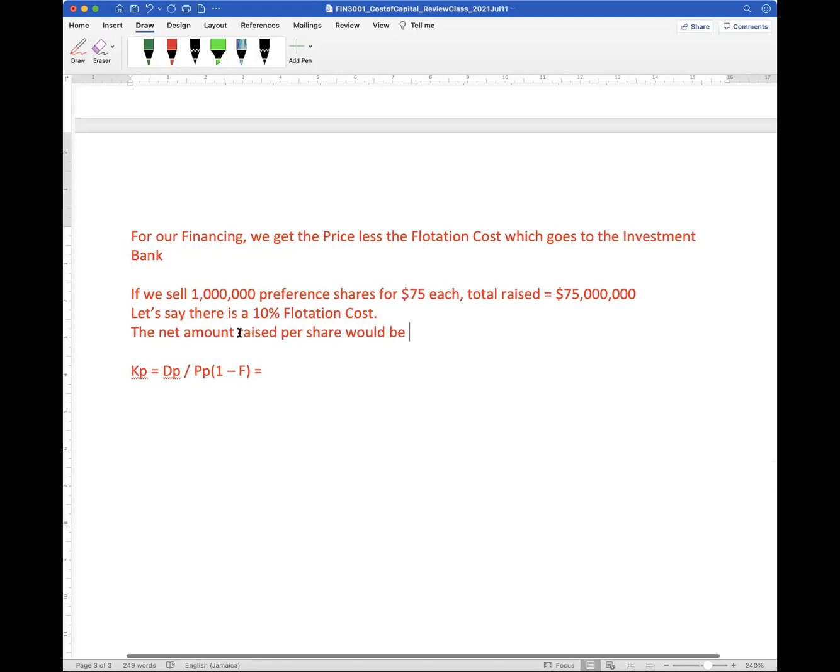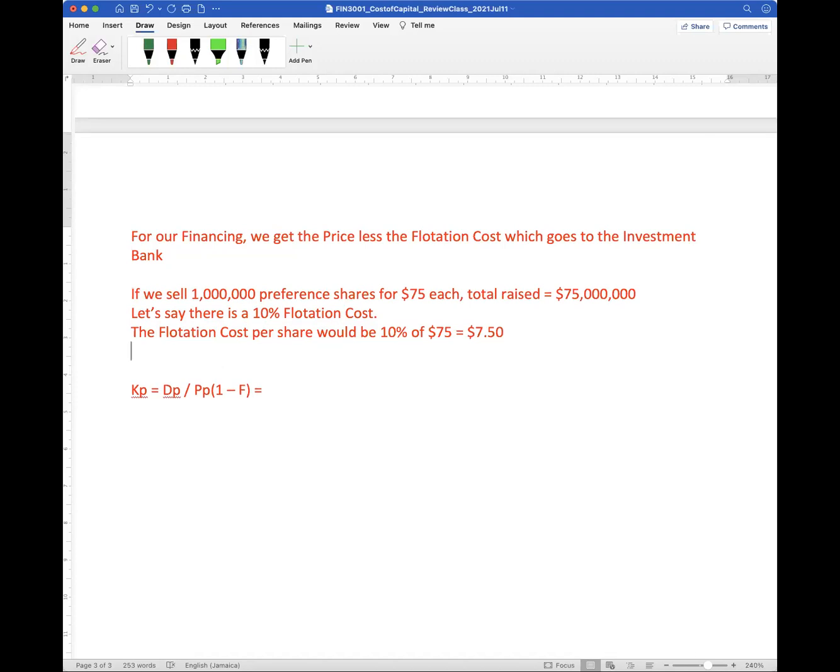Let me do it another way. The flotation cost per share would be 10% of 75, which would be $7.50.